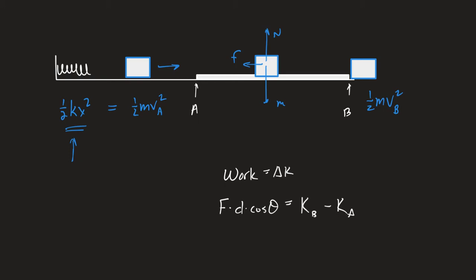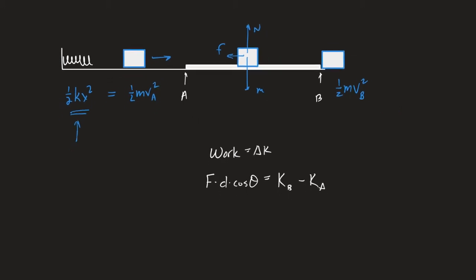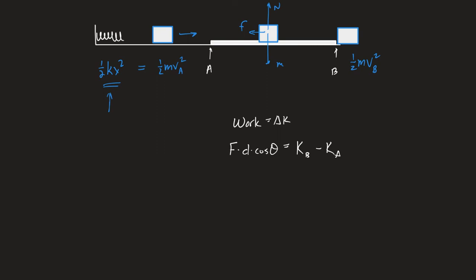Now this, whatever this is, I'd have to work out and figure out how much work was done. If positive work was done, I expected the box would be speeding up. I'm pretty sure we can all agree that negative work is going to be done by friction, and therefore the box is going to be slowed down. Does that seem reasonable? Now, this part, there's no way around this.